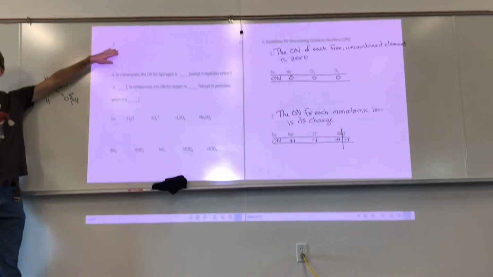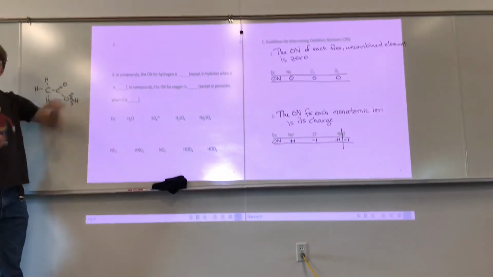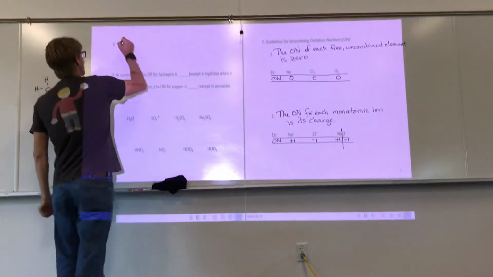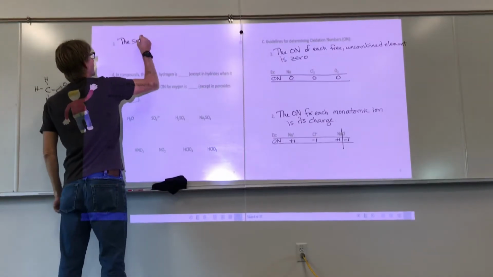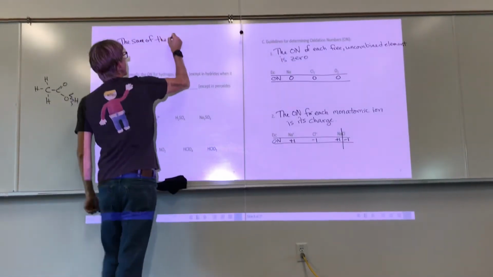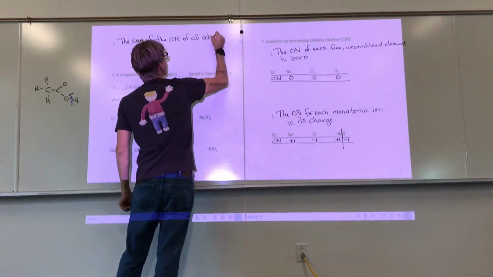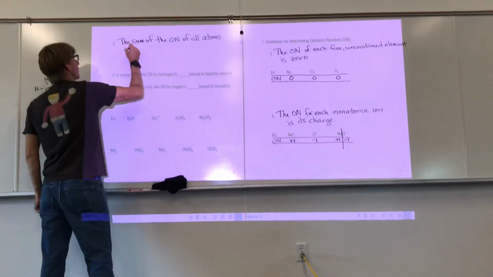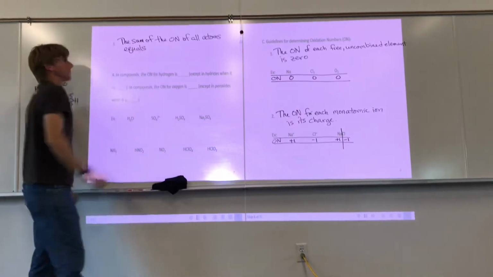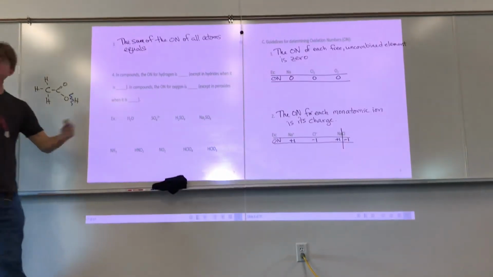Guideline number 3: the sum of the oxidation numbers of all atoms equals the overall charge on the species.